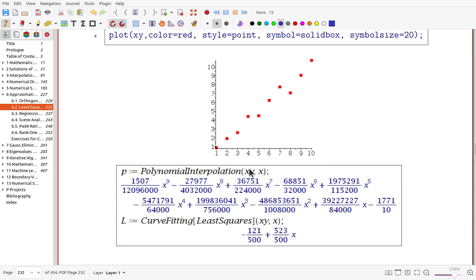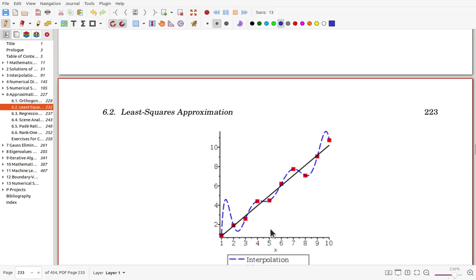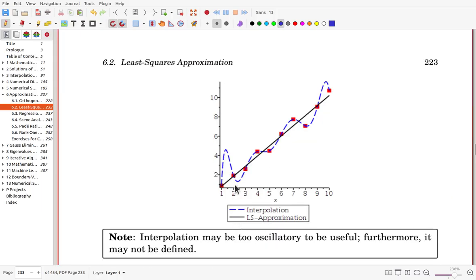And if you try to represent it by a line, then that is a least squares line. Here we plot together, and the blue one is the interpolating polynomial, and the black straight line is the least squares approximation.